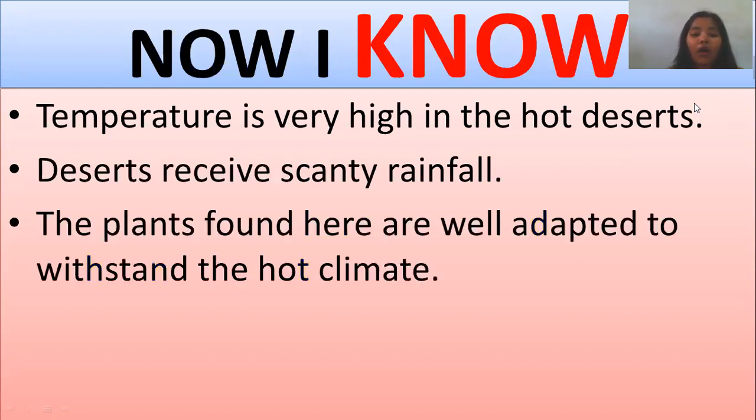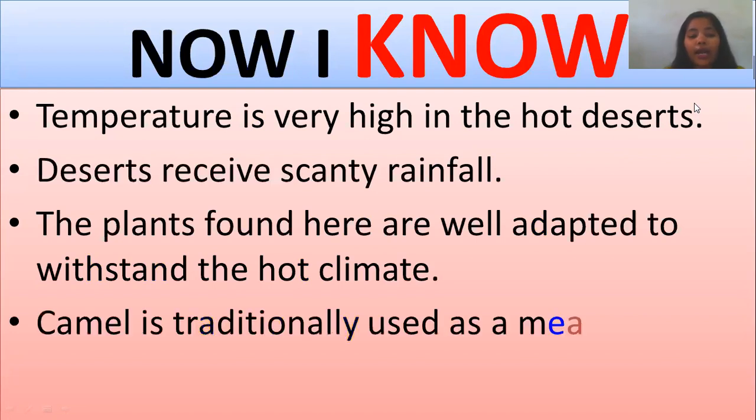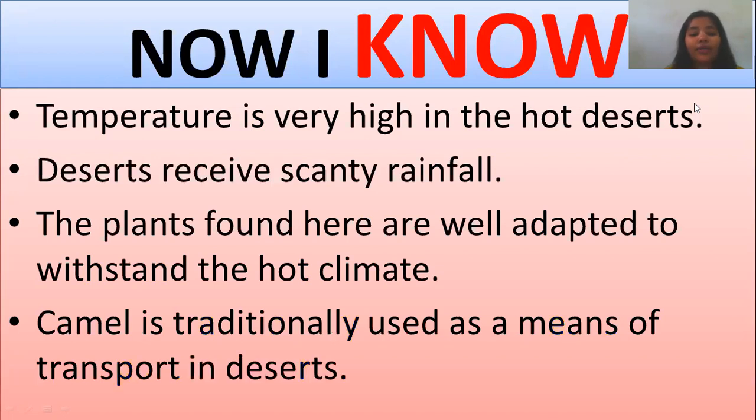The plants found here are well adapted to withstand the hot climate, and camel is traditionally used as a means of transport in deserts. Right, students? So this is all about today's video.